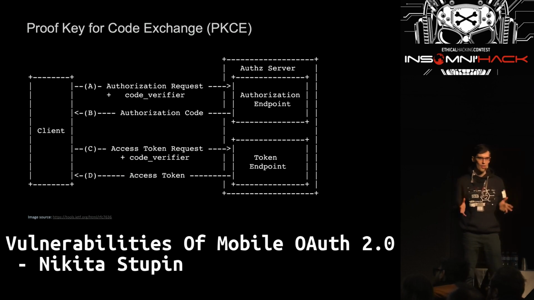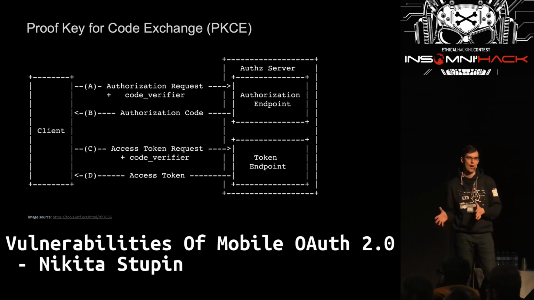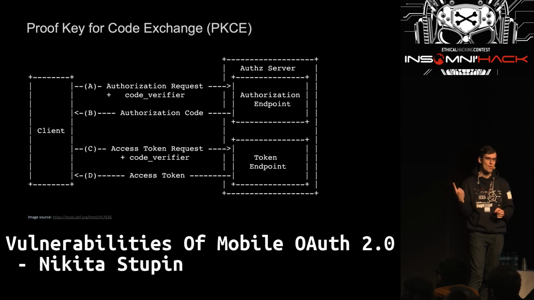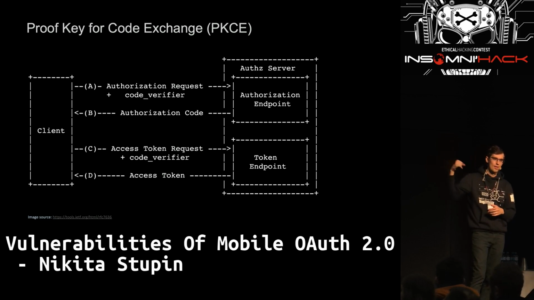And how does OAuth address this vulnerability? It does so by a big dirty hack called proof key for code exchange. Basically it's one more parameter, and client app adds this parameter to the first request, and this parameter is called code verifier. And then server gets this code verifier, saves it for later usage, and returns authorization code as usual.